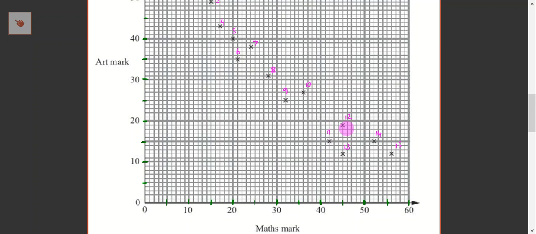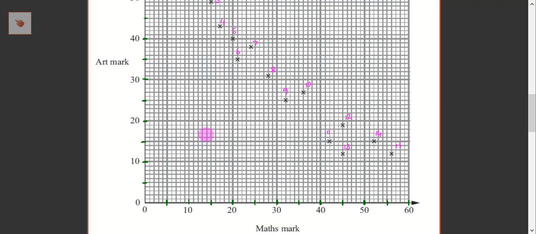12. 45 and, well, 12 is 45 and 19. You got that one? You got 45, 19 as a coordinate there, and then this one is 45 and 12. Yeah, that's all right.